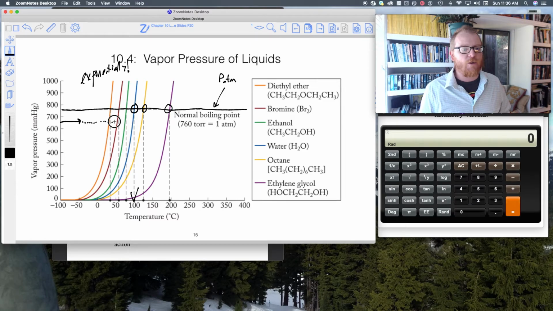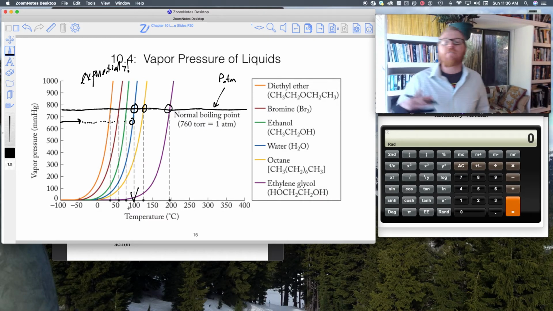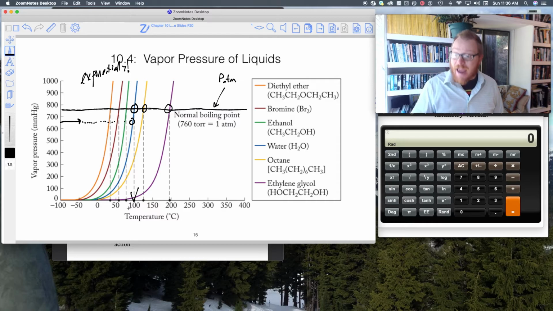If you follow this line, you notice water would actually boil at less than 100 degrees, because it's going to boil at whatever temperature makes its vapor pressure equal to the pressure of the atmosphere. So when you're way high up in altitude, all liquids will boil at a lower temperature.